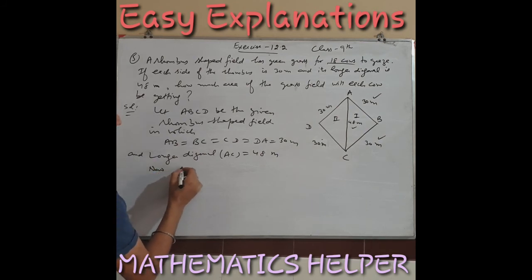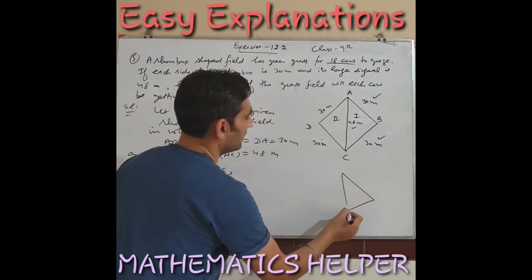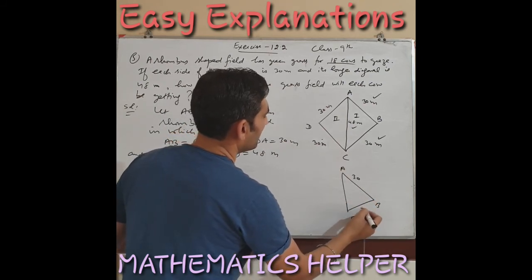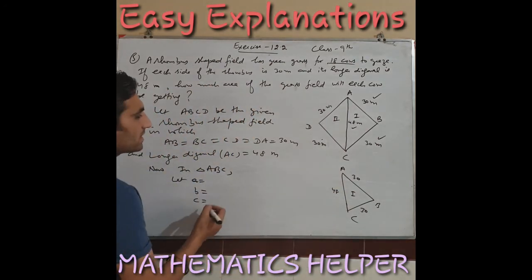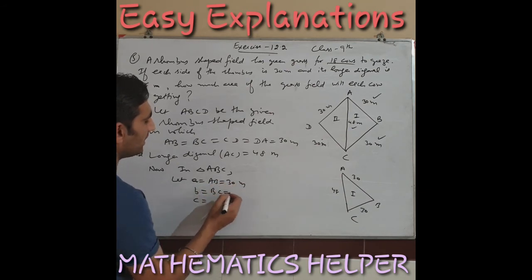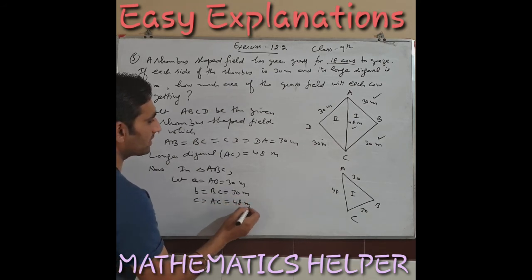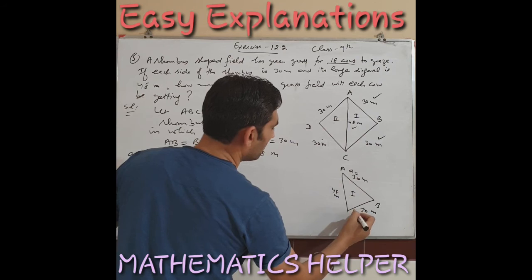Now in triangle ABC, let small a, small b, small c be the names of the three sides. I am going to write the area for only one part, ABC. Here 30, 30, and this one is 48. So I write AB as 30 meters, BC as small b or 30 meters, and small c which is AC, 48 meters.